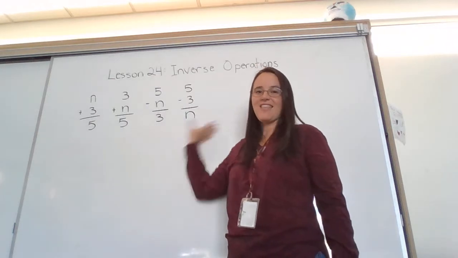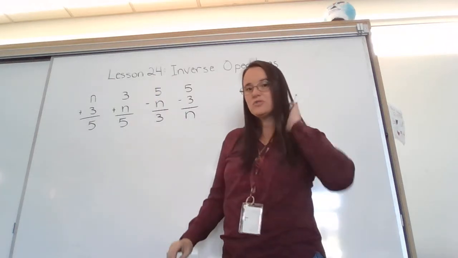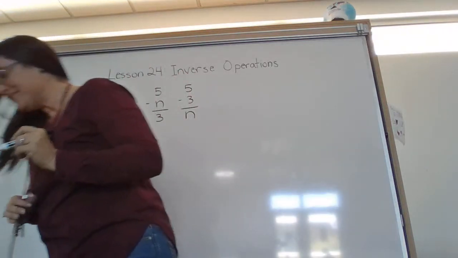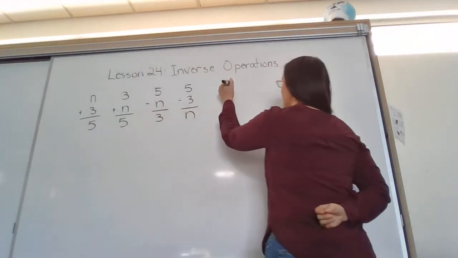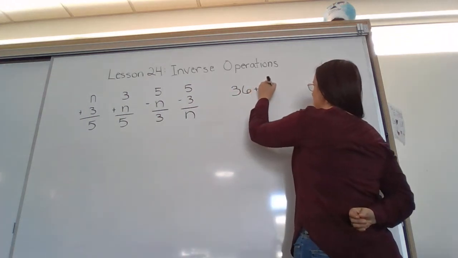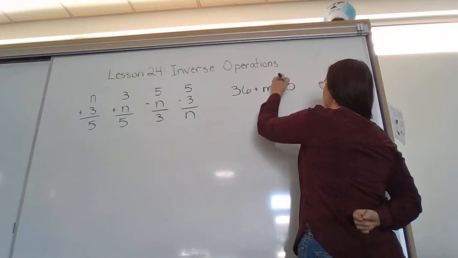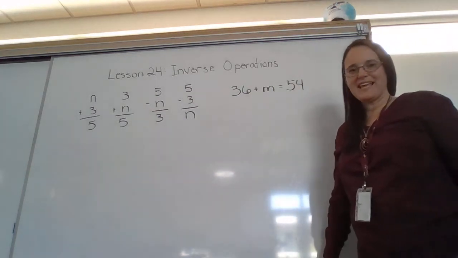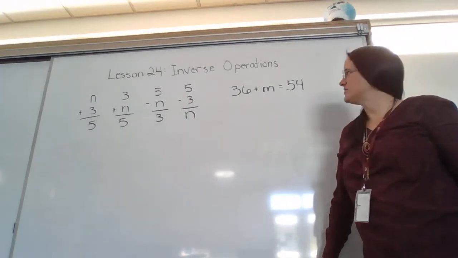So let's take this knowledge and apply it to a harder problem. Okay, so in this case, we have 36 plus m equals 54. This one I can't do in my head. That's too tough.